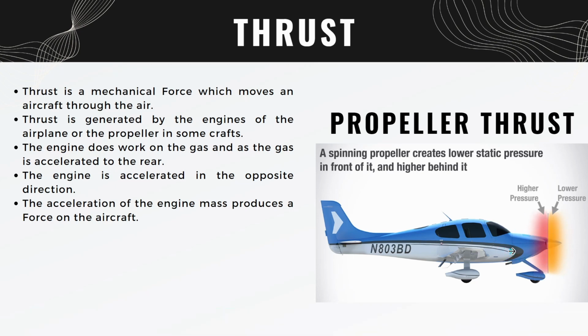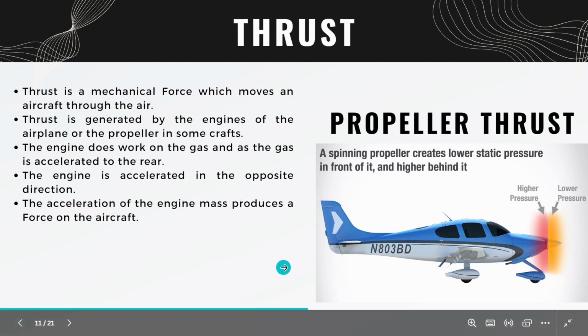And in such a case, there is a thrust generated in the forward direction, because the static pressure behind the rotor is greater than the pressure at the face of it, right? So these are two ways aircrafts normally generate their thrust force.